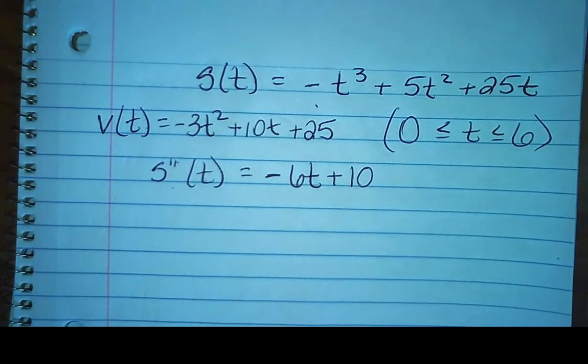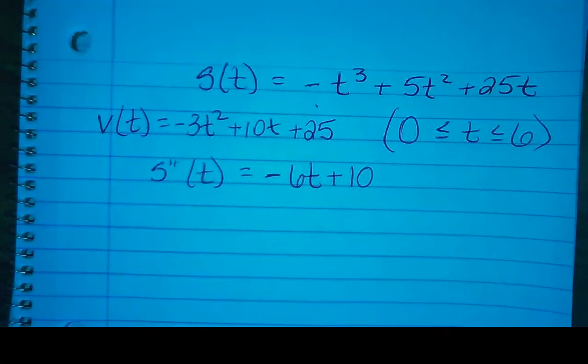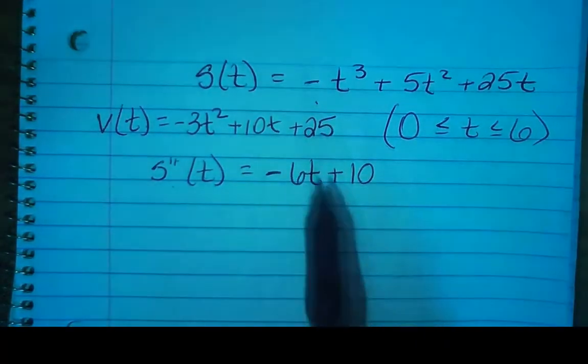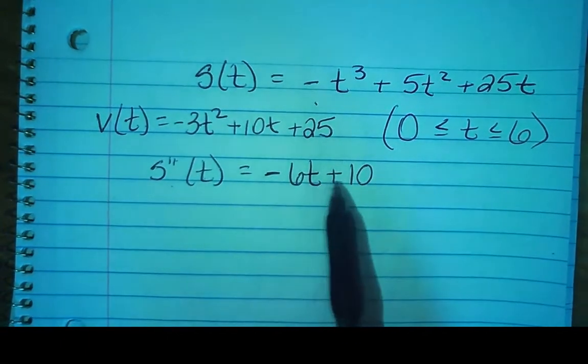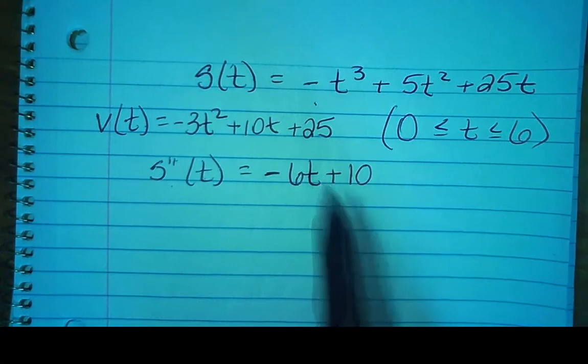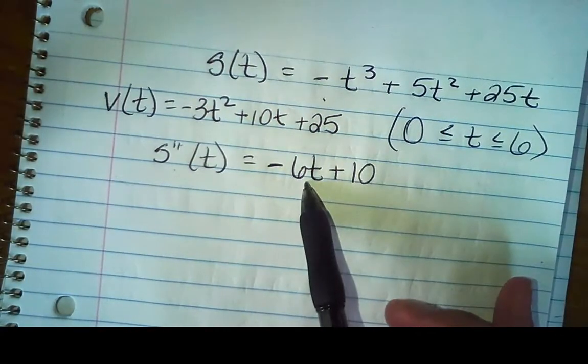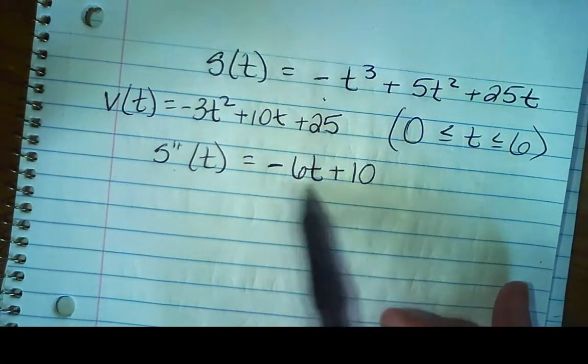At what time does this thing begin to decelerate? Here's what you have to remember. Go back to basic math. When does this thing decelerate? Your basic math is going to tell you to set this thing equal to 0.